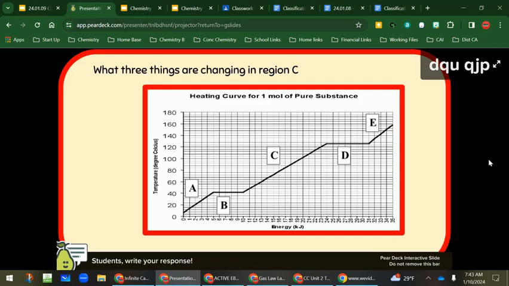Okay? What's one more thing that is changing in this area? We said temperature. Jared, what was yours again? The velocity of the particles. The energy. What's another thing that is changing? If temperature is going up, this has to as well. The kinetic energy.